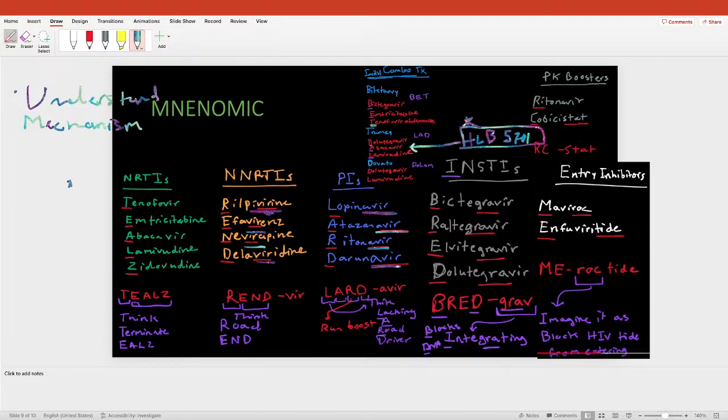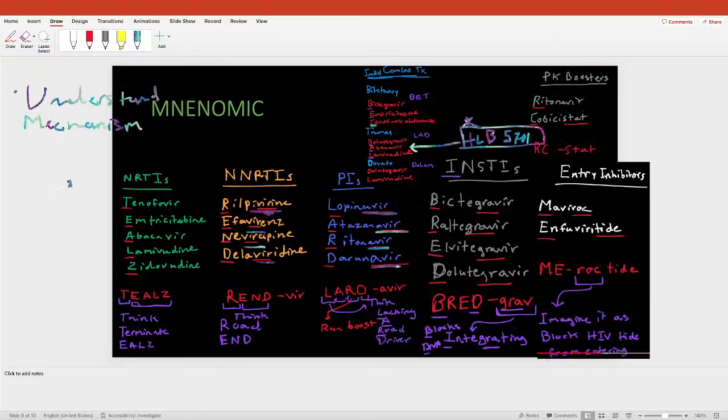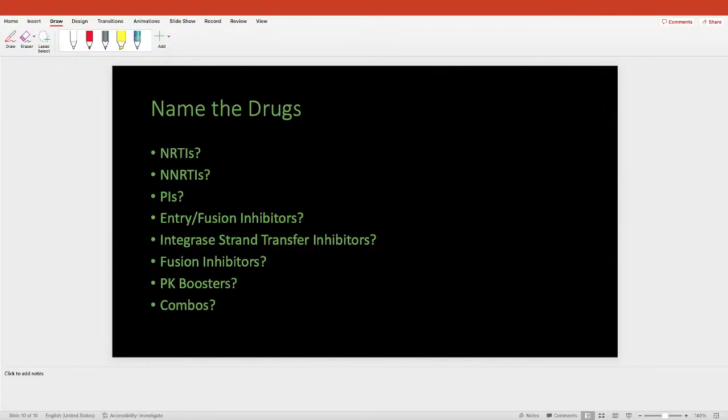I have a few questions here in the next slide so you guys can use it as a review, to see if you remember all the drug names or not. Definitely, if you want to peek back at these, you can. You can write out the acronyms. You can use this as a guide. Just at least have an understanding of these types of medication.